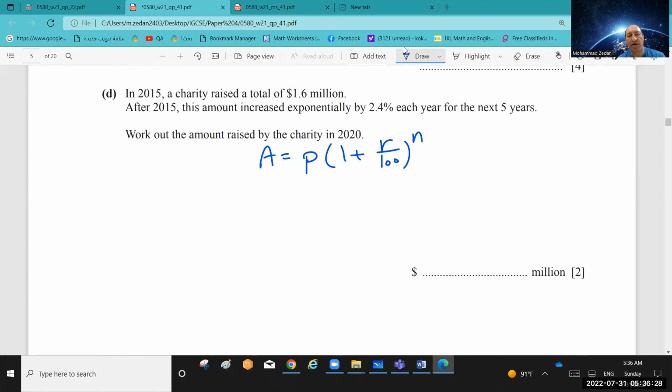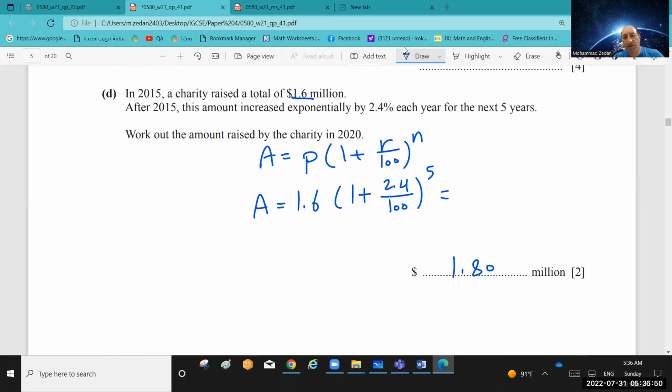So the final amount after 5 years is 1.6 million times 1 plus 2.4 over 100, all to the power 5. Input this in a calculator, you'll get 1.8 million to 3 significant figures. I think 1.80 is the same.